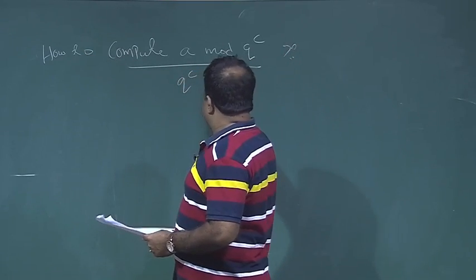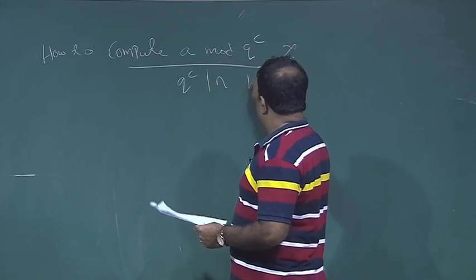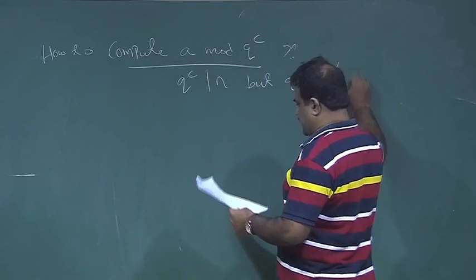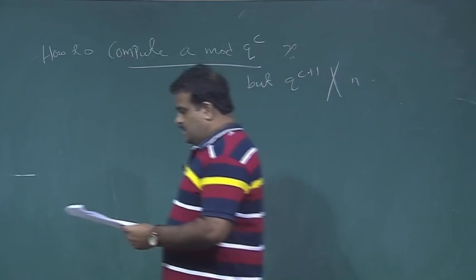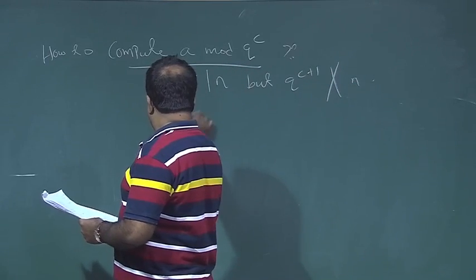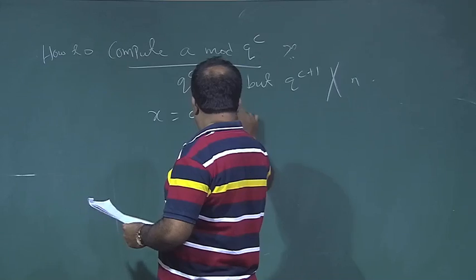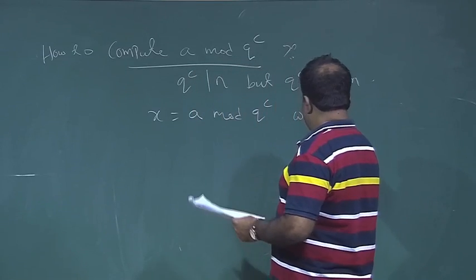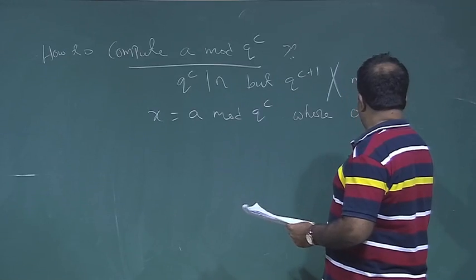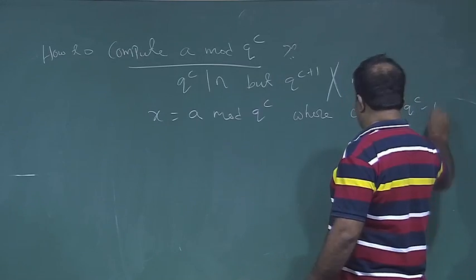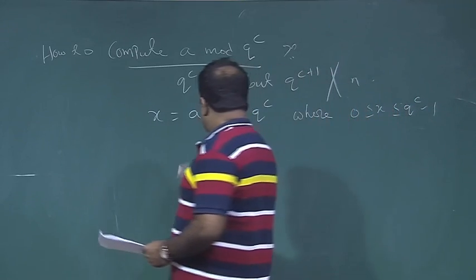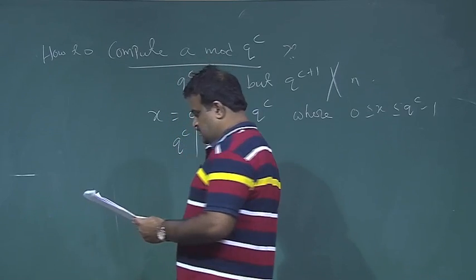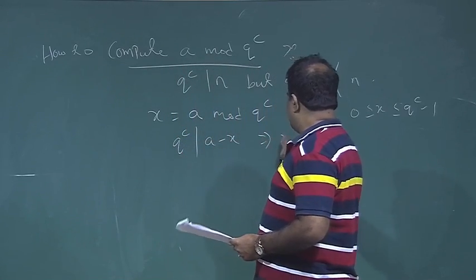Now, q to the power c divides n, but q to the power c plus 1 does not divide n. So, now to determine x equal to a mod q to the power c, where x lies between 0 and q to the power c minus 1, that means q to the power c must divide a minus x.